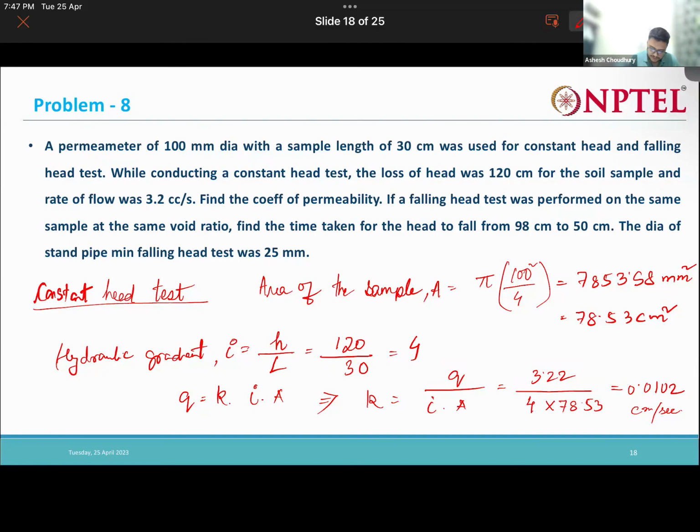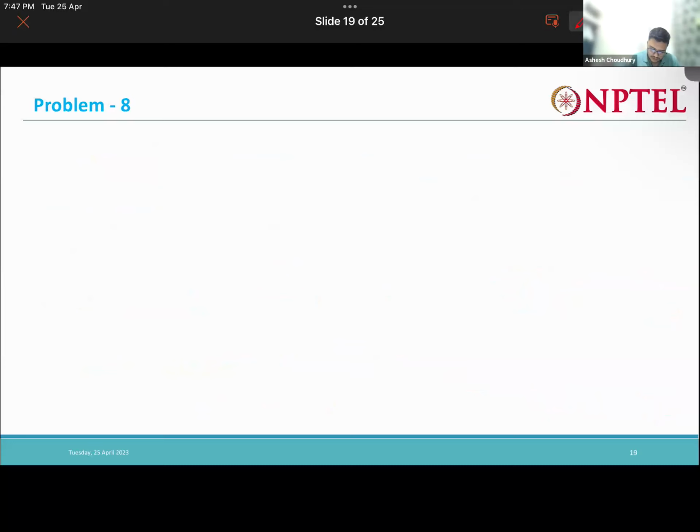And q is K I A, so this q is nothing but Q by t, equal to K h by L A. We get K is equal to Q L by h A. It's coming from that.